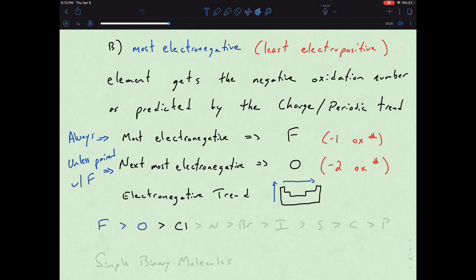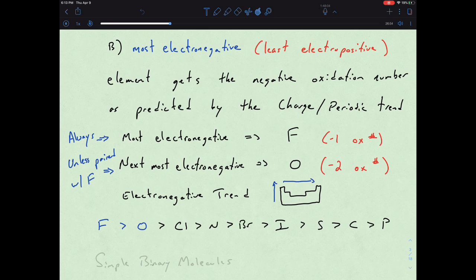And then we get to chlorine, nitrogen, bromine, iodine, sulfur, carbon, and then phosphorus. So that's just a little bit more specific with that trend.